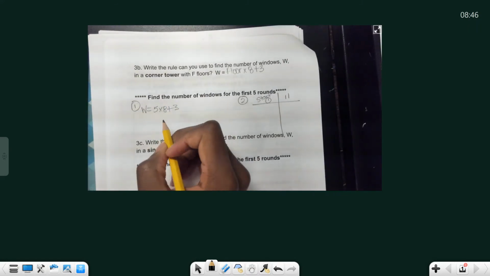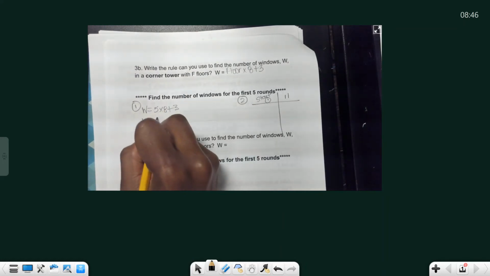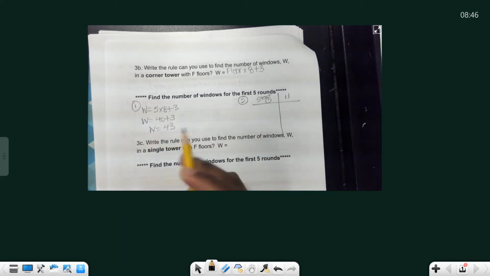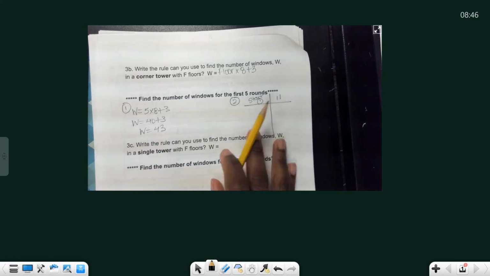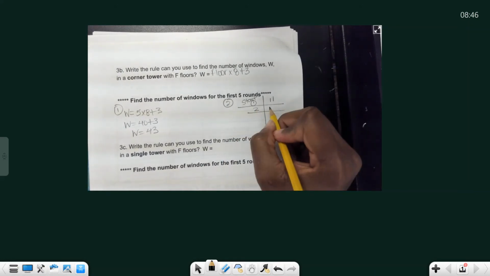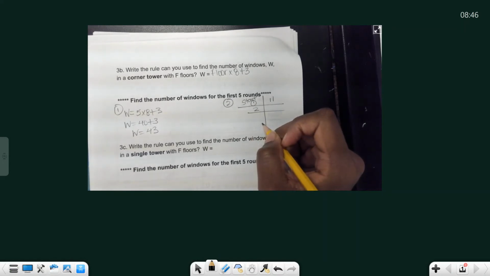Now, I'm going to go back and we're going to fill out this one. 5 times 8? 40. Plus 3? 43. So right now the expression says we should have 43 windows for a 5-story corner tower. But let's go through with the chart. We get to the second floor. How many? What's the pattern? Start 11, add 8.